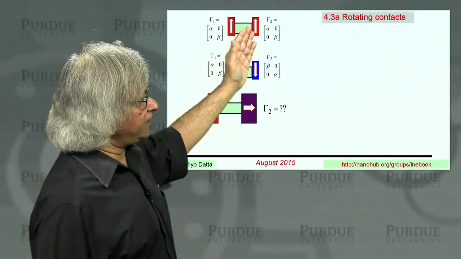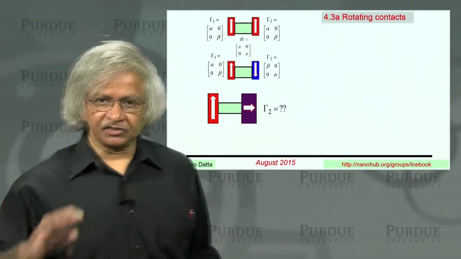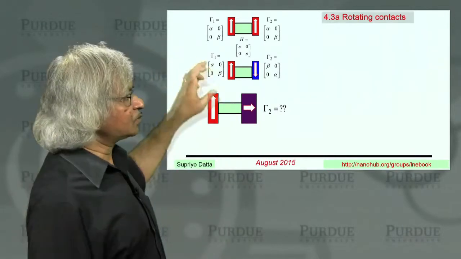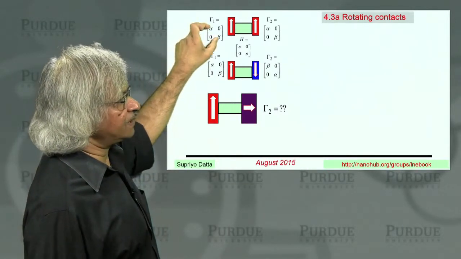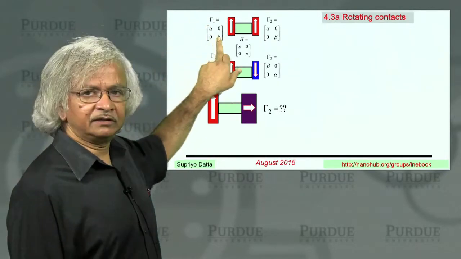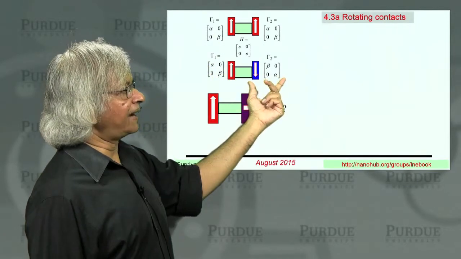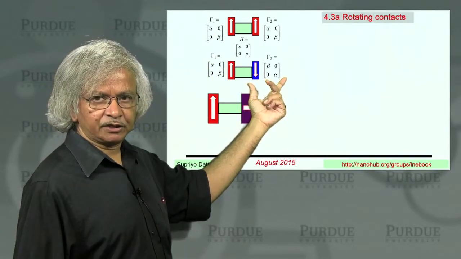But when we try to write the matrices describing the connection to the contacts, that's the sigmas and the gammas, that's when we have to distinguish between up spins and down spins. One spin gets out easily, the other one doesn't. Now the question is, how would you write the gamma for a magnet that's pointing in some other direction?